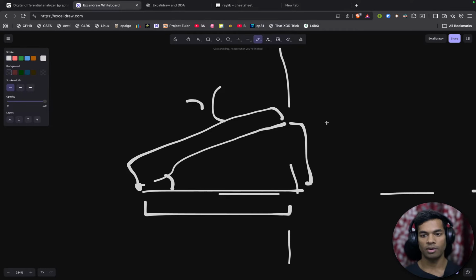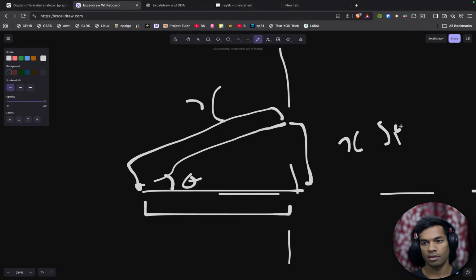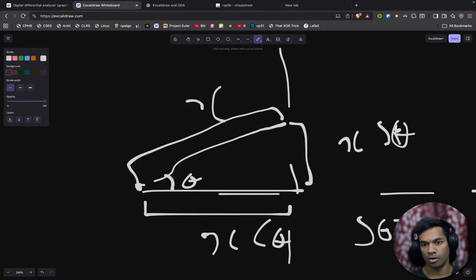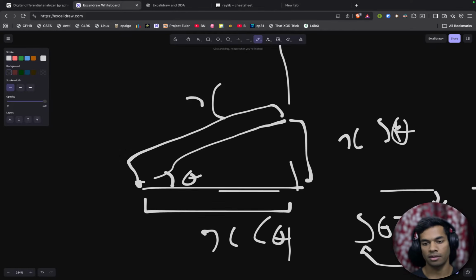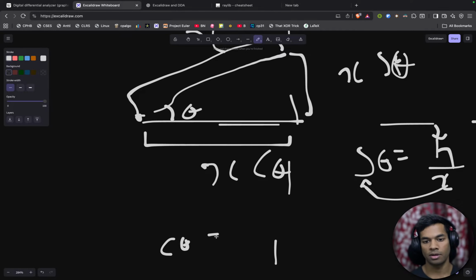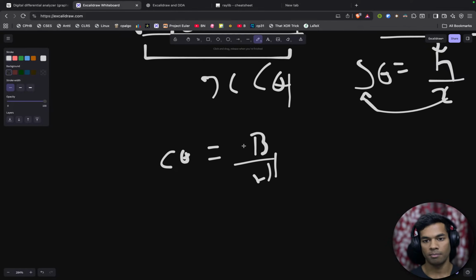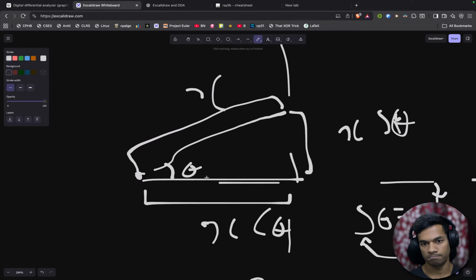So here, if this is theta, then this would be x sine theta, and this would be x cos theta, I guess, right? Because sine theta is this distance upon the hypotenuse, and if we take this there, then we will get the height. And here cos theta equals base upon hypotenuse, and base would be equal to cos theta into x.